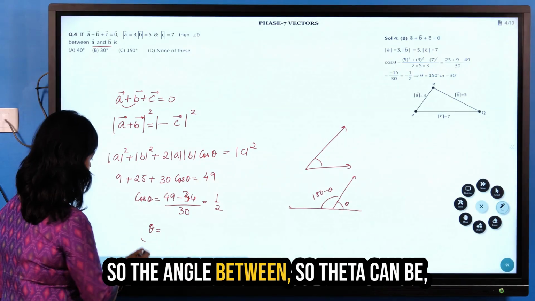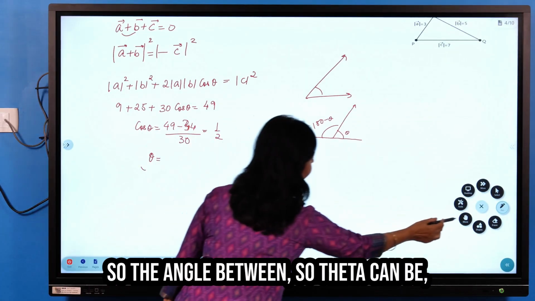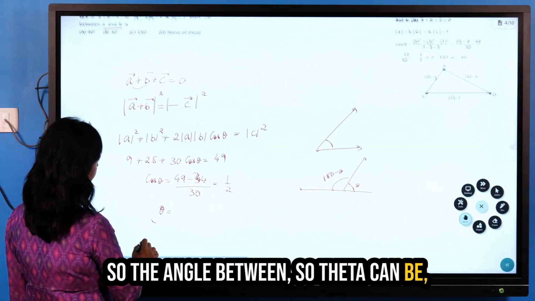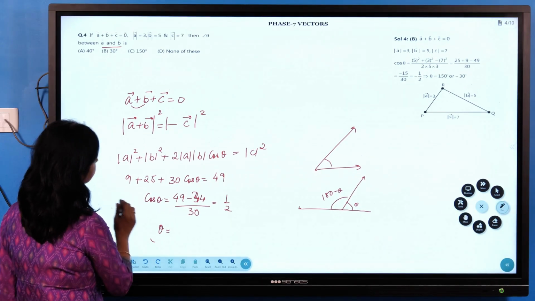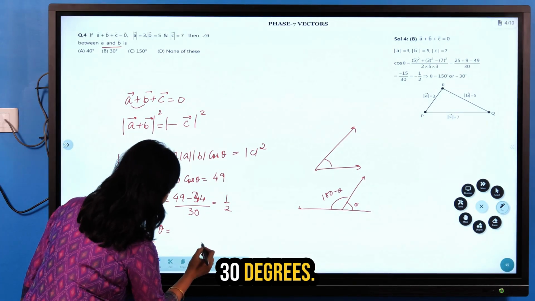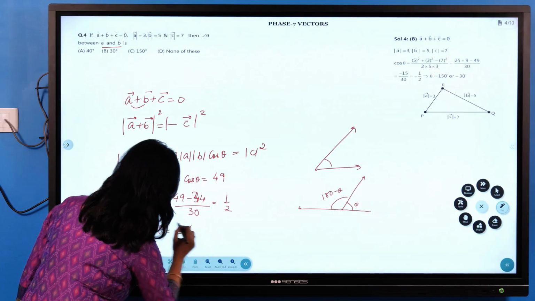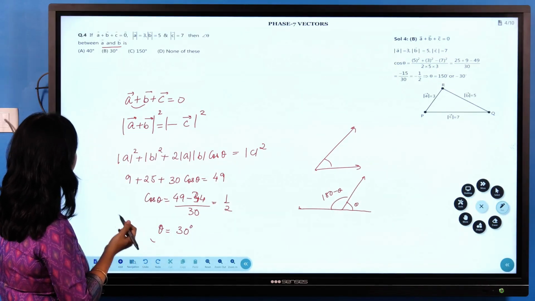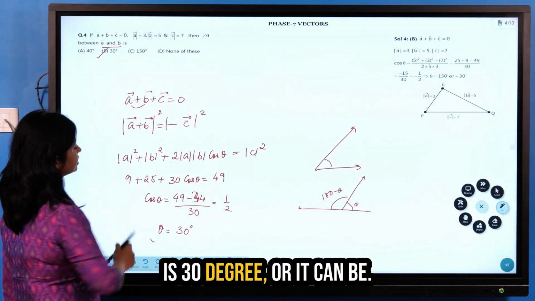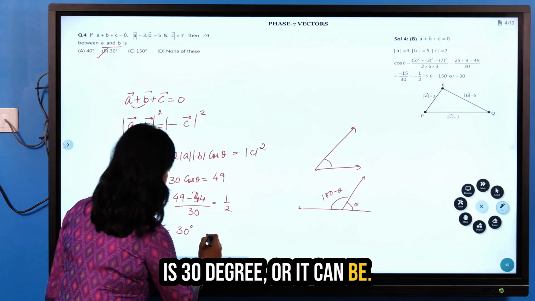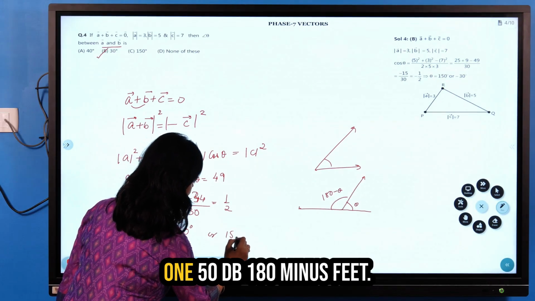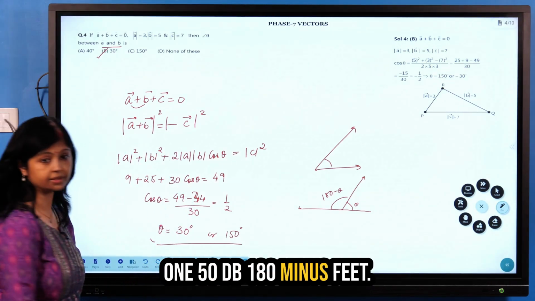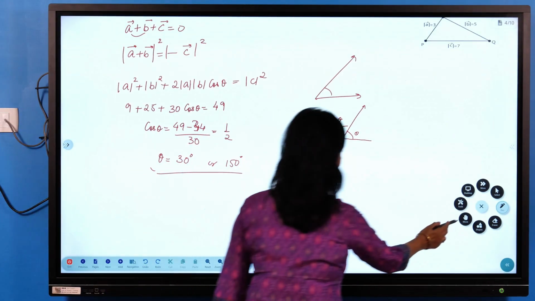So theta can be 30 degrees. So the angle between the vectors is 30 degrees, or it can be 150 degrees, 180 minus theta.